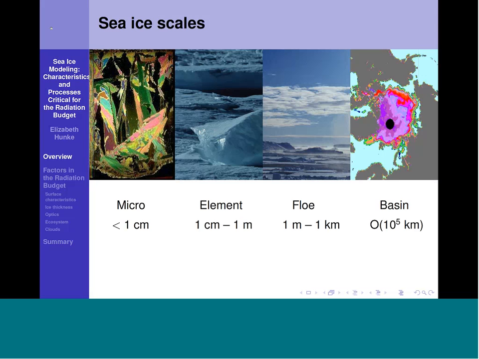And there are many scales at which one can consider sea ice, from the micro scale of individual crystals, to the scale of individual blocks of ice, to the floe scale, to the basin scale. In the global climate models, we are mainly concerned with the basin scale, but we can and do include scales down to about 10 kilometers or less. We try to include the smaller scale processes in a parameterized way, modeling them in terms of the larger scale variables.